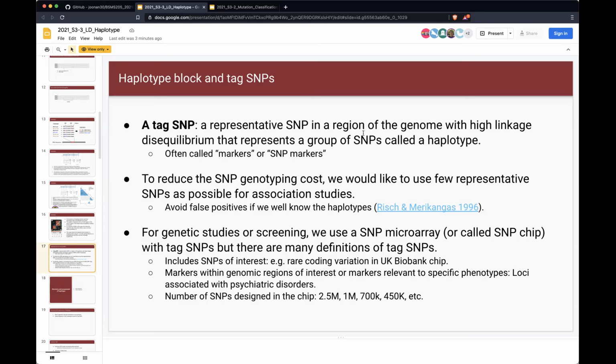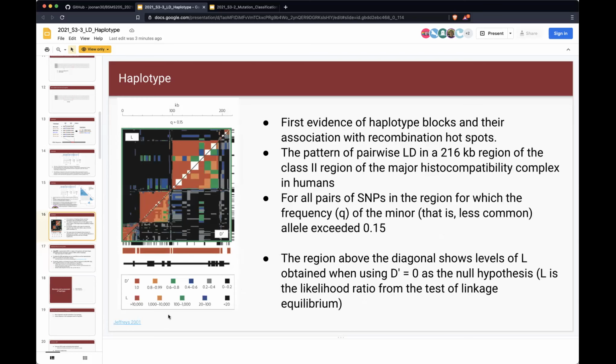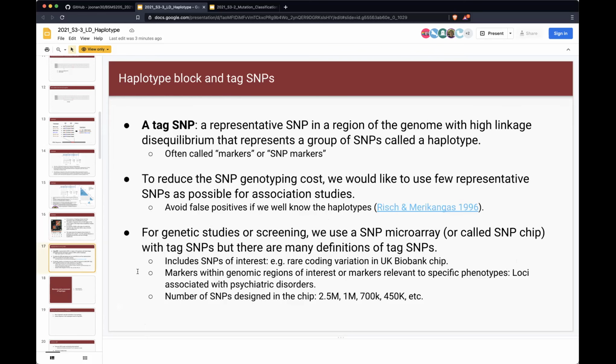So why do we need these tag SNPs? When people first looked at haplotypes, let's imagine 2001, looking at one person's genome cost millions of dollars or $10 million, which is amazingly expensive, right? So people developed a new, much cheaper technology, the microarray, and wanted to look at a few SNPs in our genome rather than all SNPs.